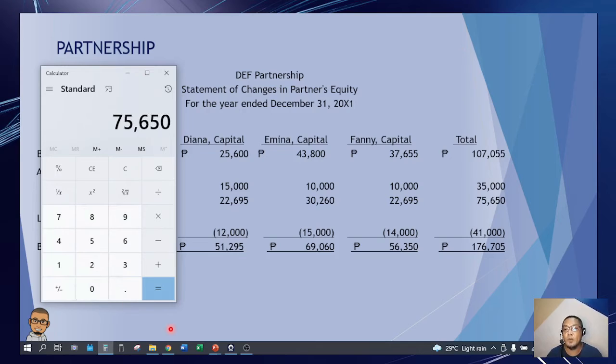75,650. Okay? Multiplied by 30%. 22,695. Okay? Tapos, balikan natin. 75,650 multiplied by 40%. Share naman ni Emina. 30,260.